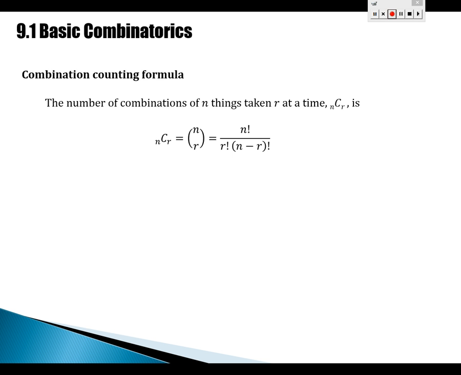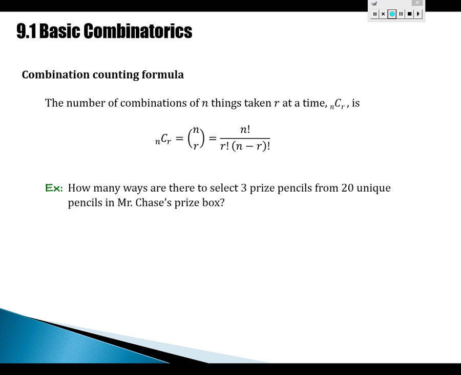It's our shorthand way of saying n factorial, but stopping somewhere. And where did the r factorial come from? You should be able to answer just like we did a second ago. That's us dividing out the extra amount of order, the ways of permuting the r items, so that it doesn't account for order. So that r factorial takes care of that piece. I just want to make sure you're clear on that.